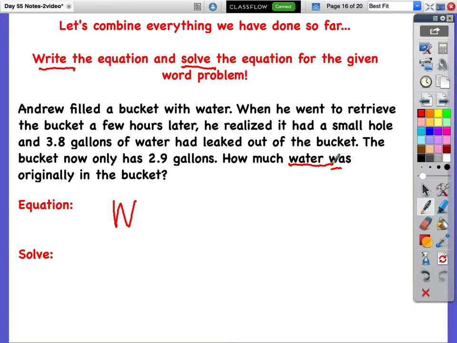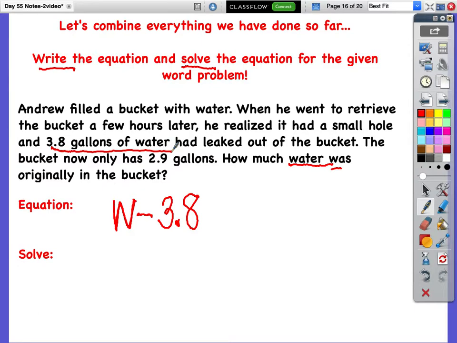But we do know that whatever this was, his starting water amount, he had some leak out, which means there were some that subtracted out. And how much? Well, it tells us 3.8 gallons of water had leaked out.